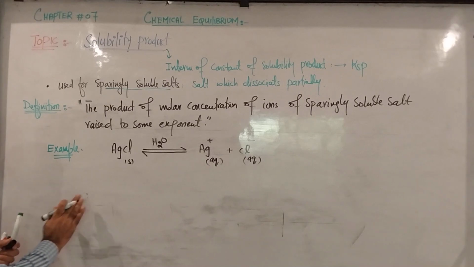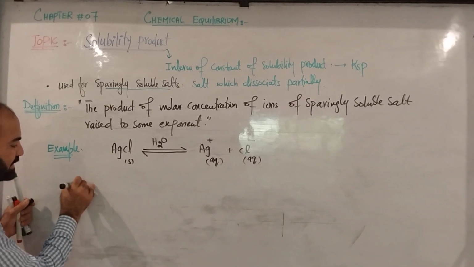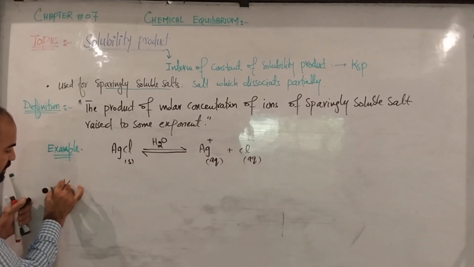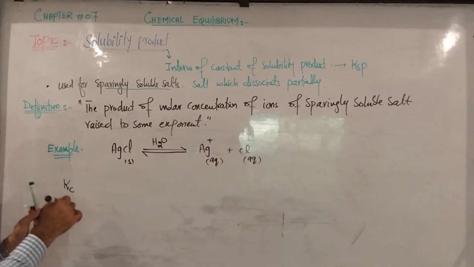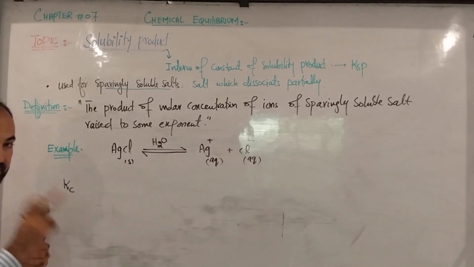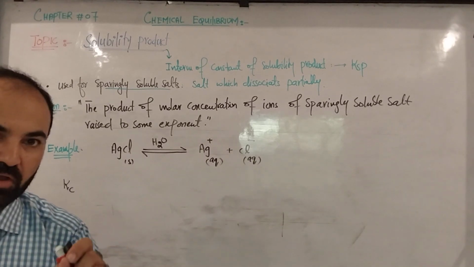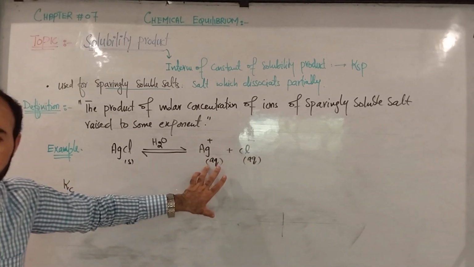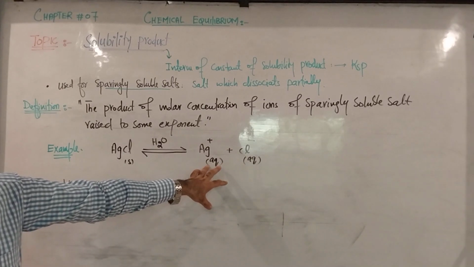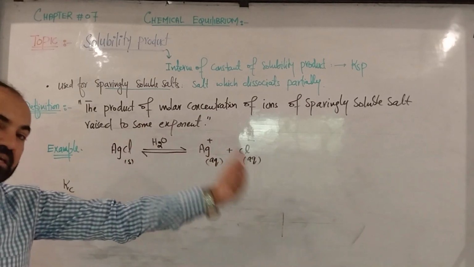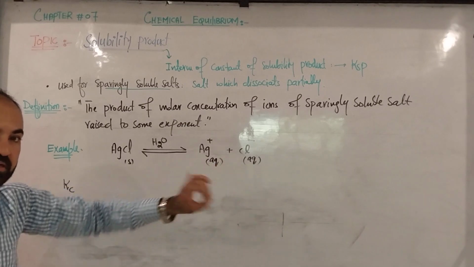Look dear students, if I want to write the Kc for this expression, you all know how to write Kc for a reversible reaction. Remember we studied that in the Kc expression only aqueous, solution form, or gaseous reactants and products are expressed, but not the solid.